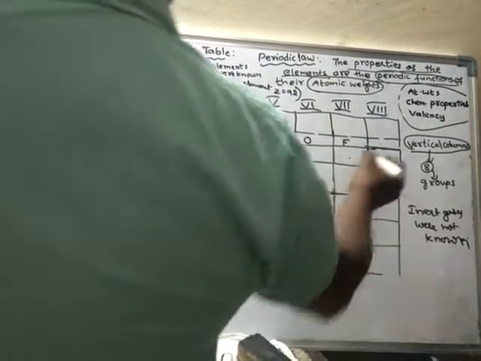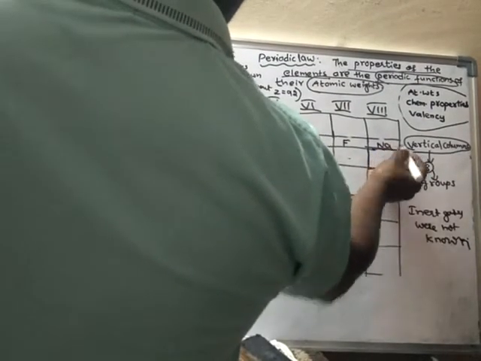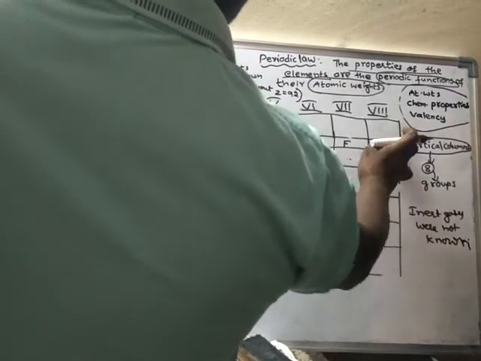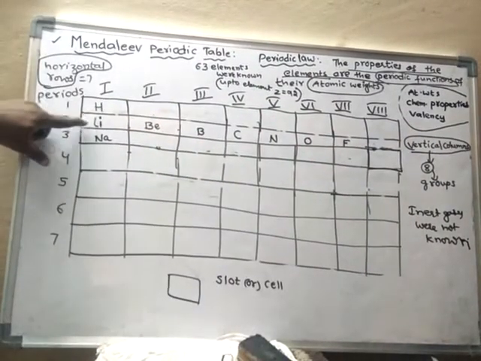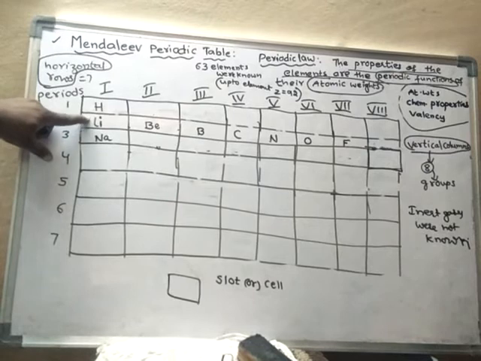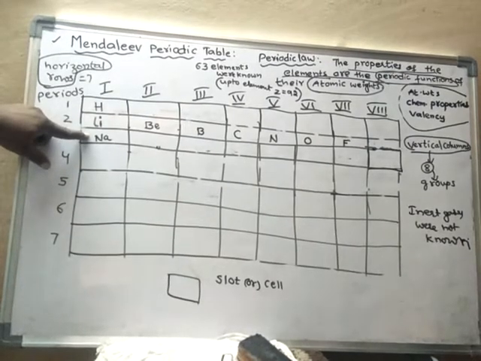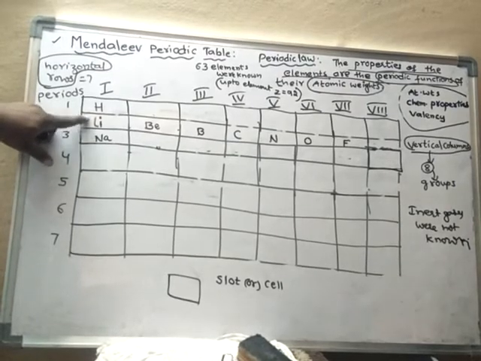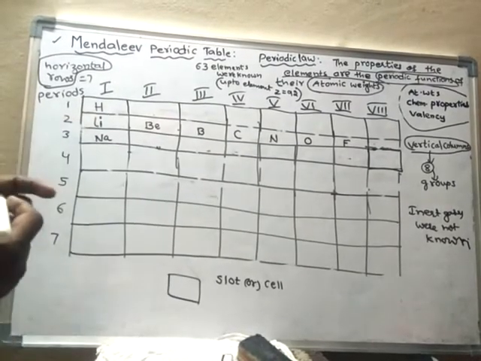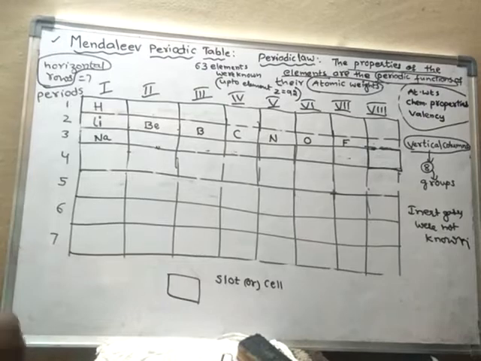So actually sodium should be kept here, but as sodium has similar properties with lithium, the sodium was kept below lithium because these two show similar properties. That means he followed atomic weights in increasing order.